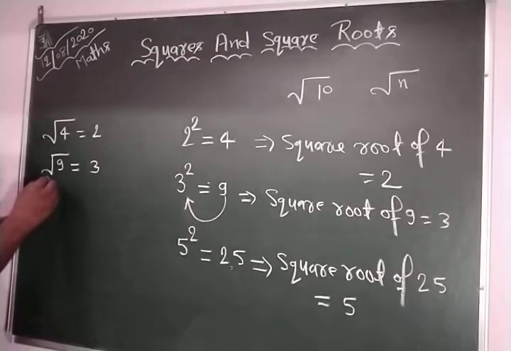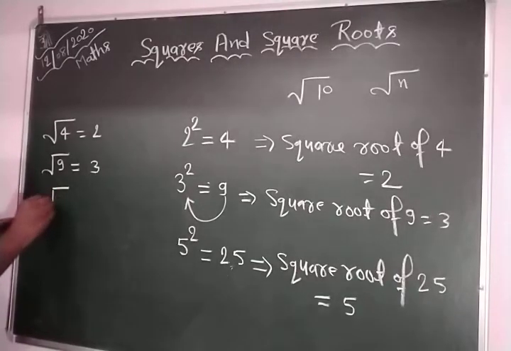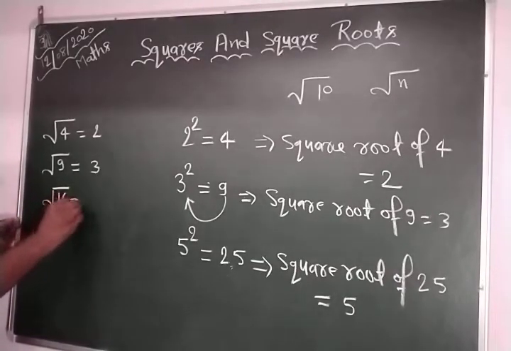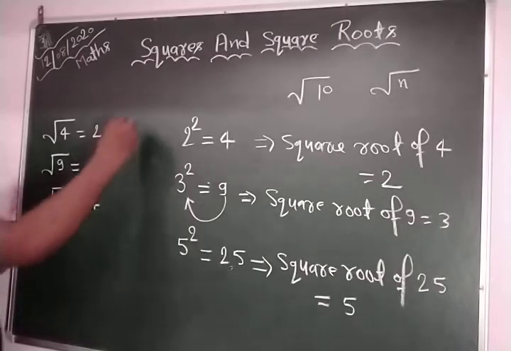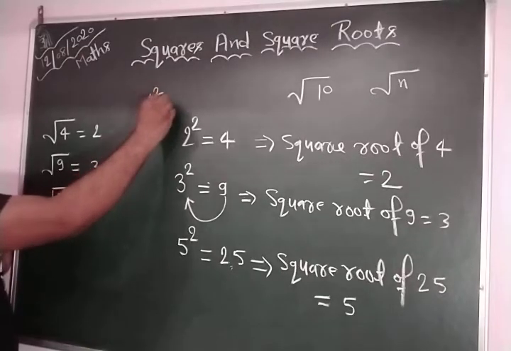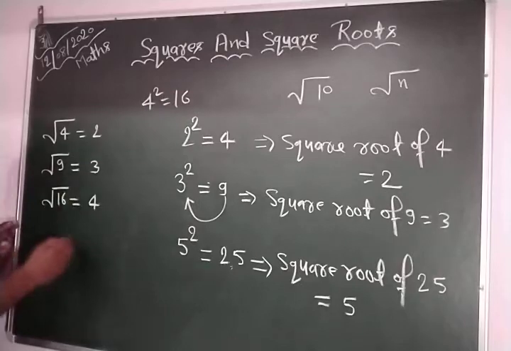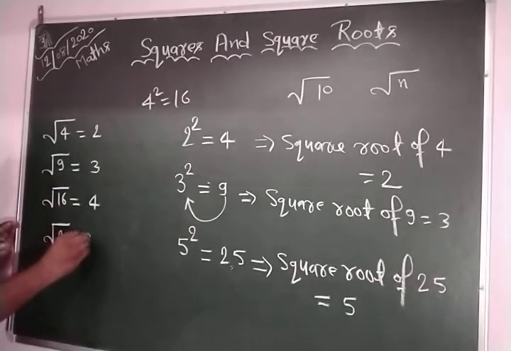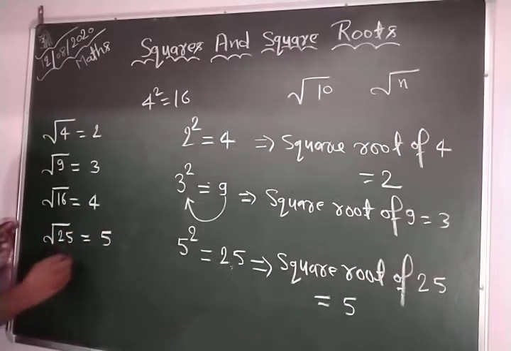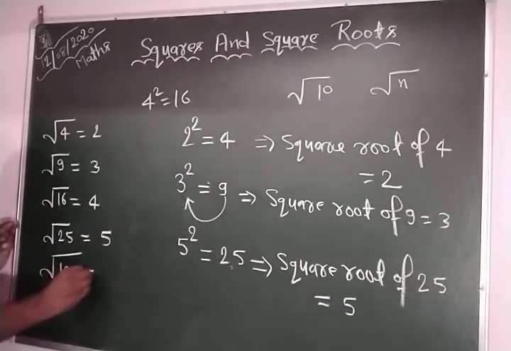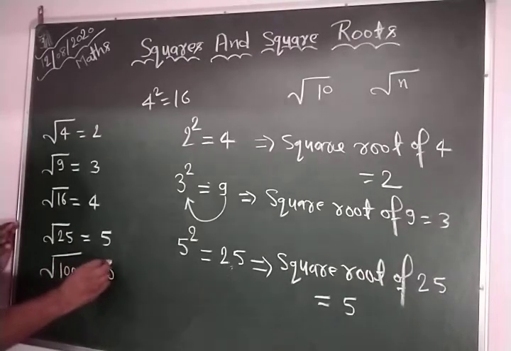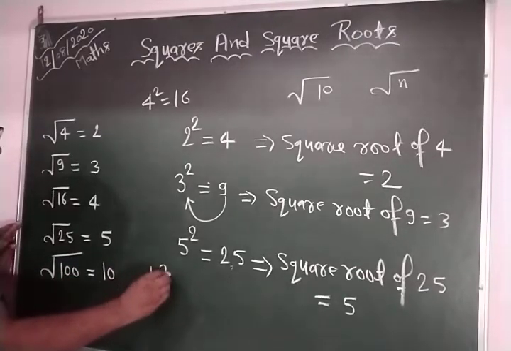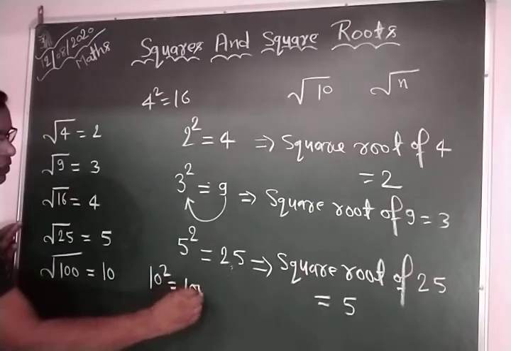Again, the square root of 16 is equal to 4, because the square of 4 is equal to 16. The square root of 25 is equal to 5. The square root of 100 is equal to 10, because the square of 10 is equal to 100.